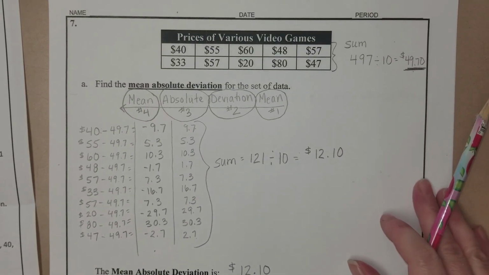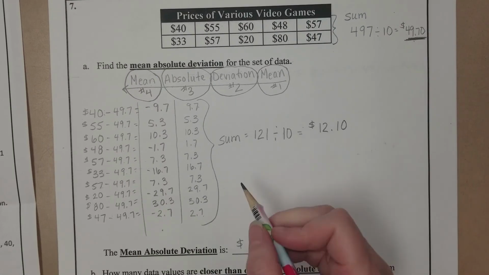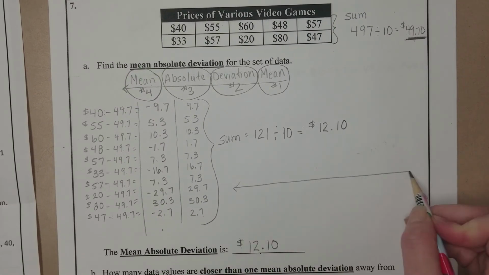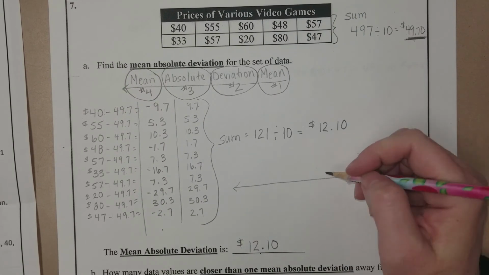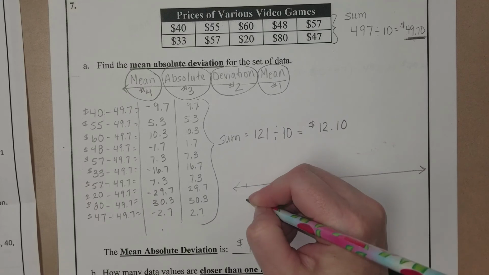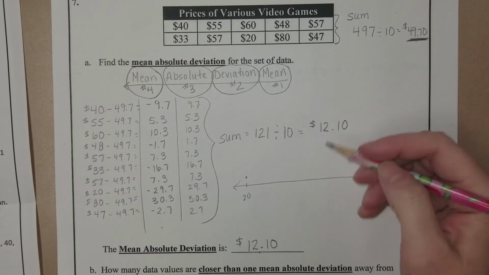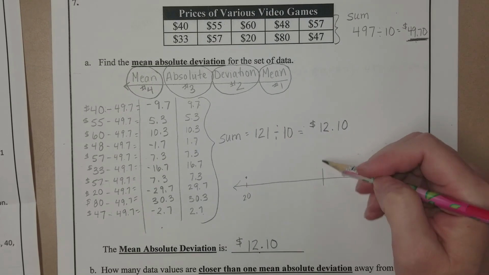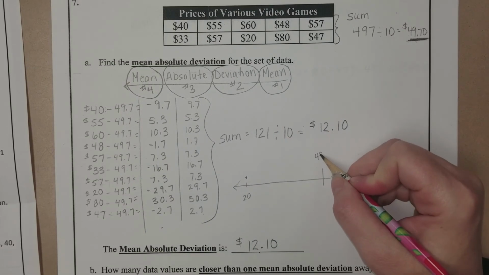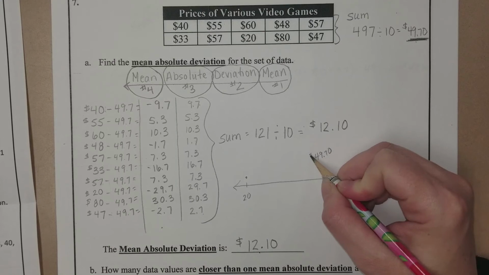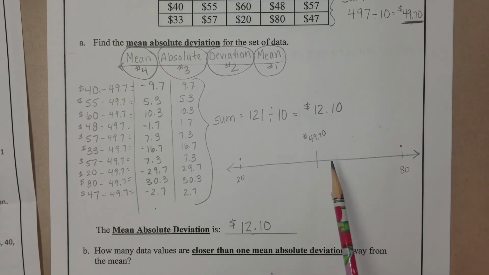Okay, so I'm going to draw a little number line just so that we can visualize what's happening here. Our minimum was 20. Our maximum was 80. We found the mean to be $49.70.